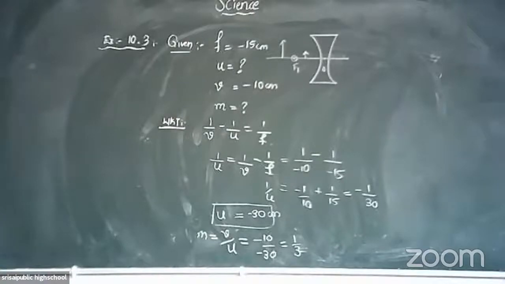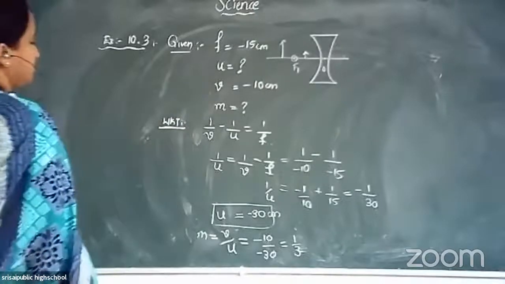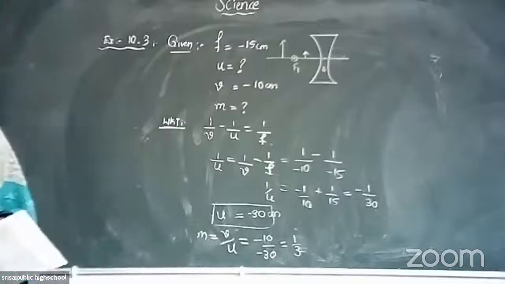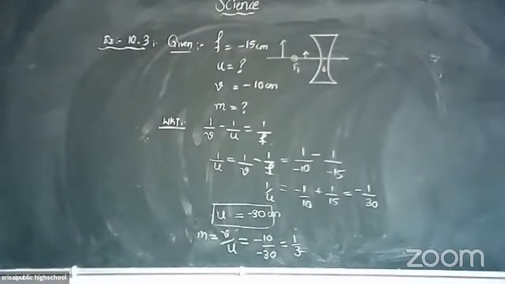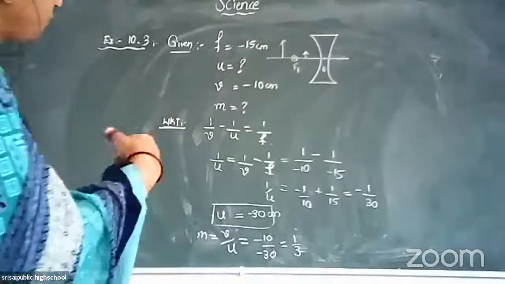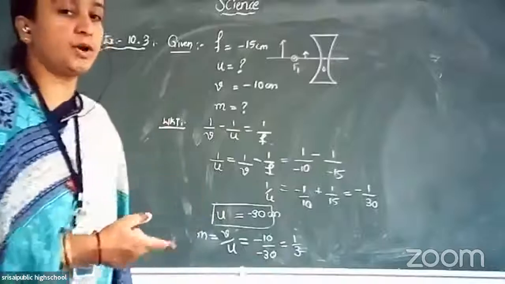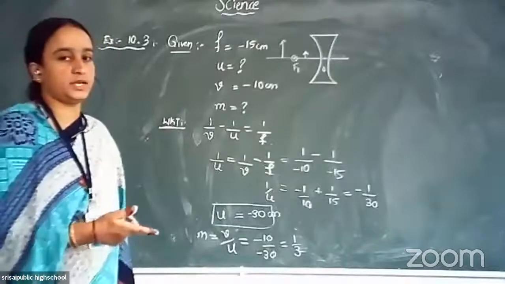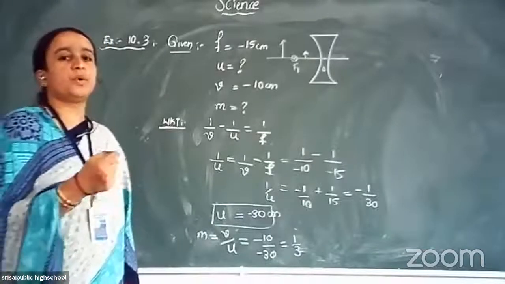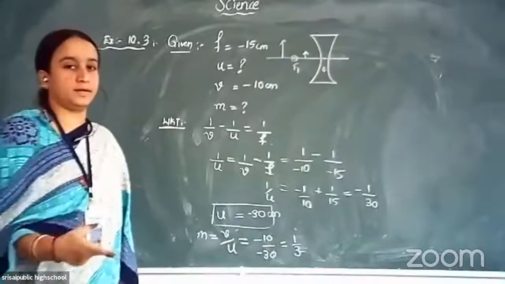It is a positive sign. See, it is positive, which means the magnification has a positive sign, which means it is virtual and erect. Based on the sign of the magnification, you are going to say the nature of the image that you are going to obtain. The nature is virtual and erect.